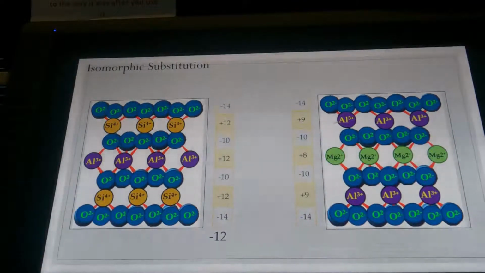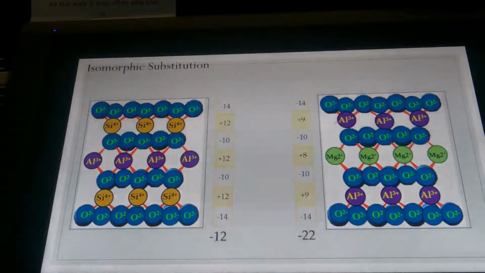The charge is too great. The charge is too great in this tetrahedron for this magnesium 2 to isomorphically substitute. But in the octahedral, those charges are spread out more, and magnesium can kind of worm its way in.